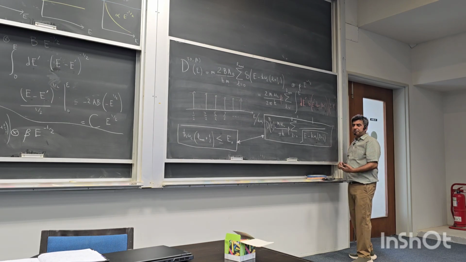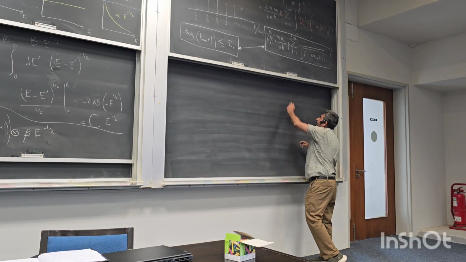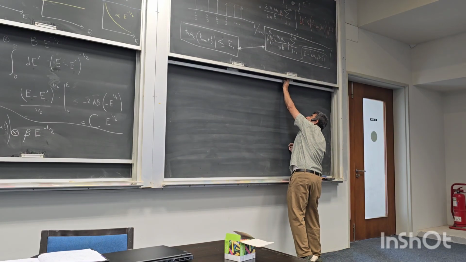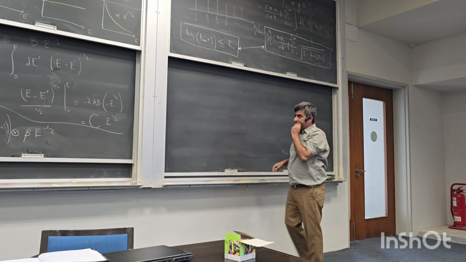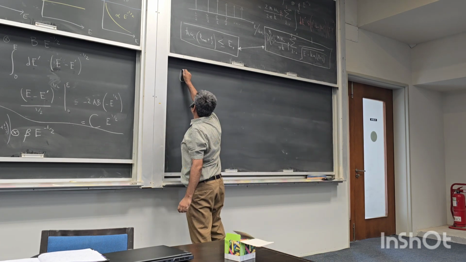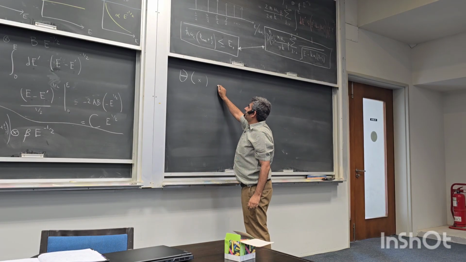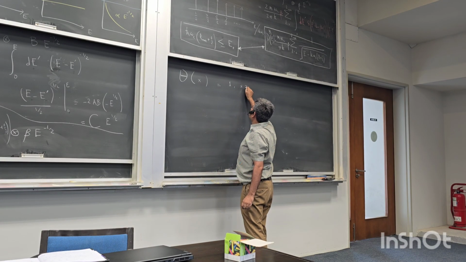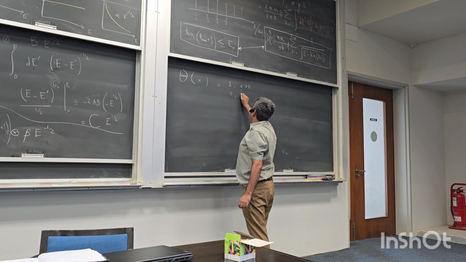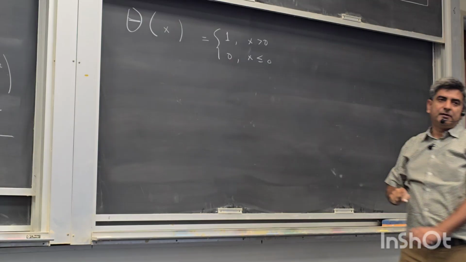The Heaviside function is some function of x which is 1 if x is positive and 0 if x is negative.